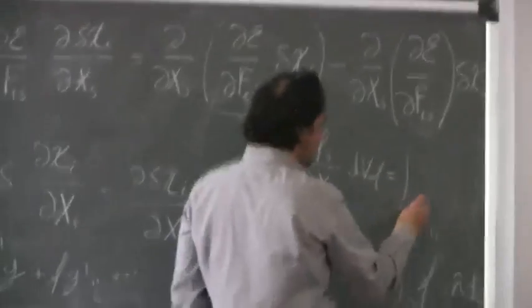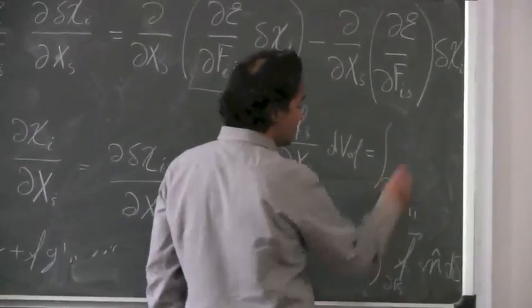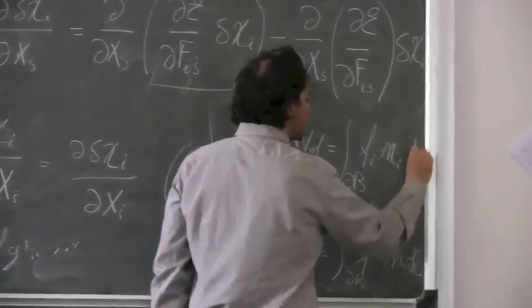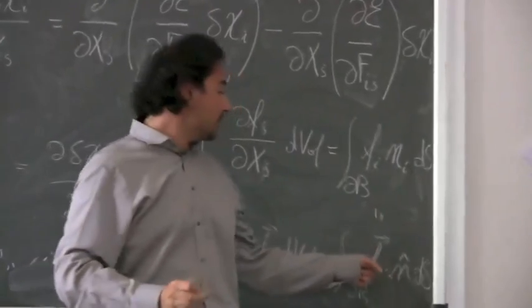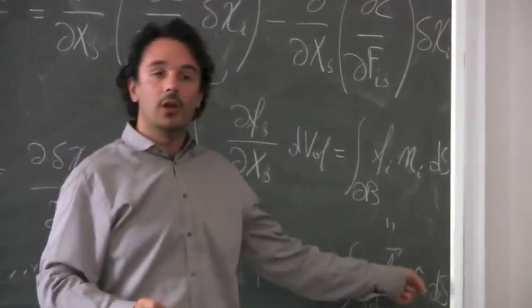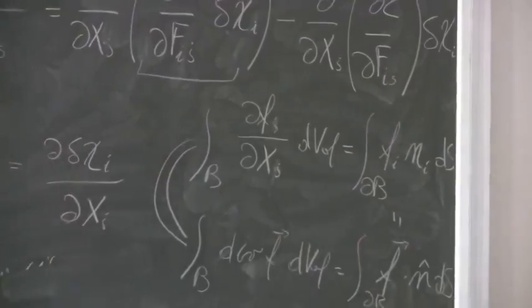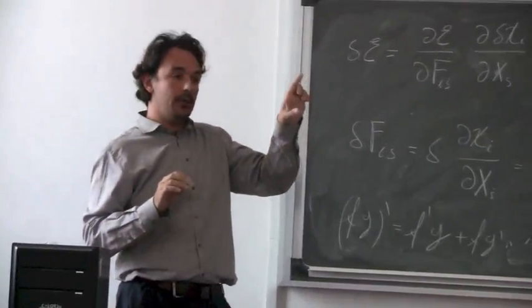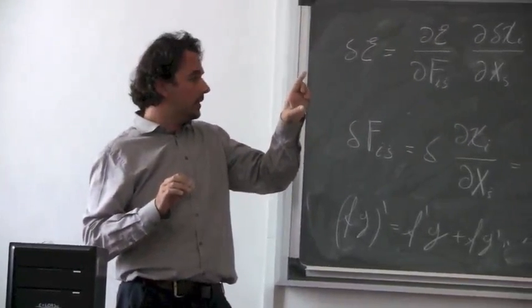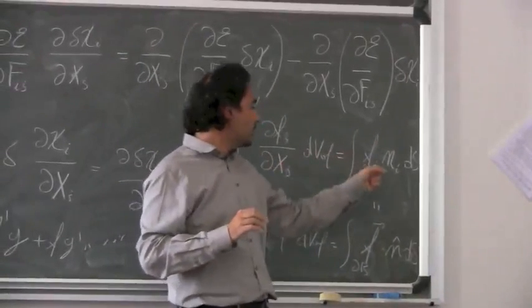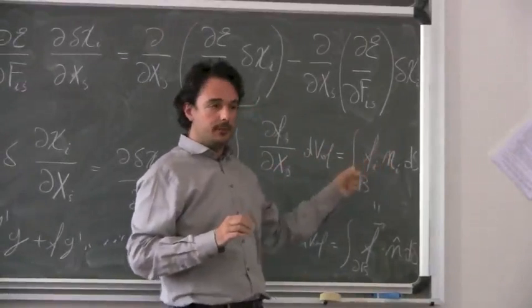That means that this is equal to the integral over the surface of fi ni in ds. Because this scalar product is the scalar product of this function and the normal vector. The surface is characterized by its external normal, and this external normal varies over the surface, and this means that this integral depends only on the external normal of the surface.